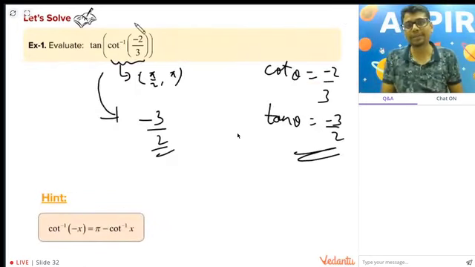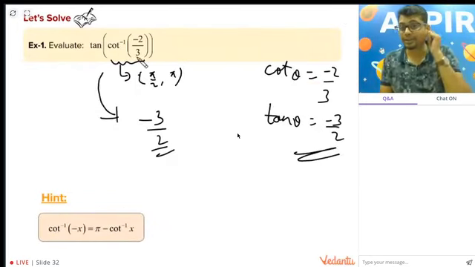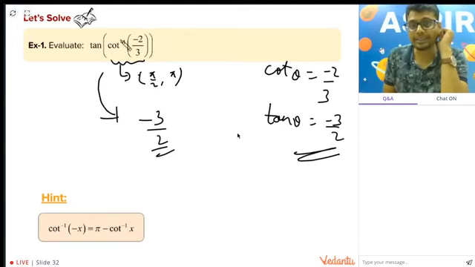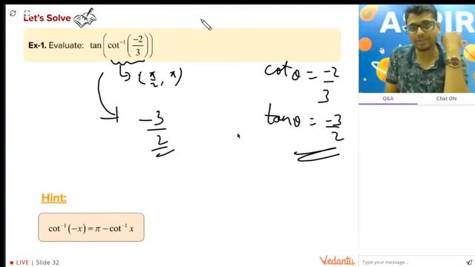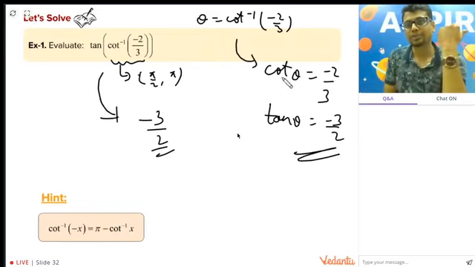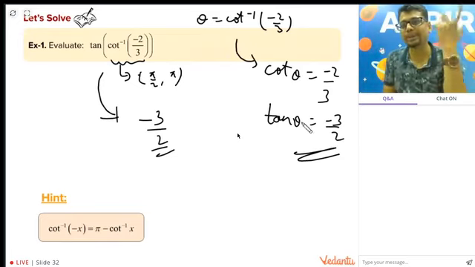Now let me repeat this part. Listen carefully. This is basically some angle, cot inverse of minus 2 by 3. Some angle, right? So if I call it theta, tan theta is being asked. So theta is cot inverse of minus 2 by 3, which means cot theta is minus 2 by 3. So if cot theta is minus 2 by 3, what would be tan theta? It will always be minus 3 by 2, the reciprocal. Why?